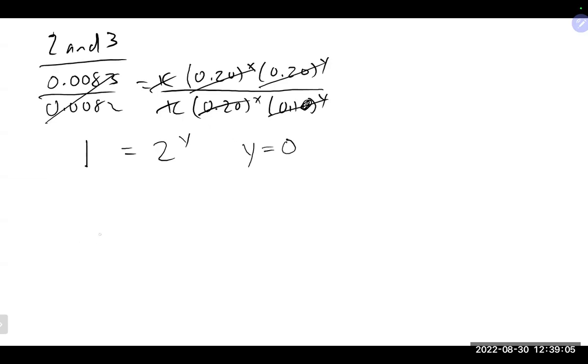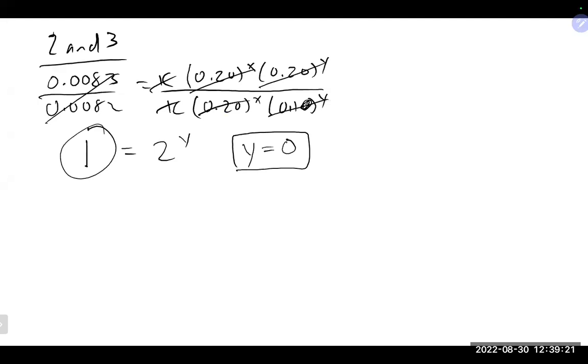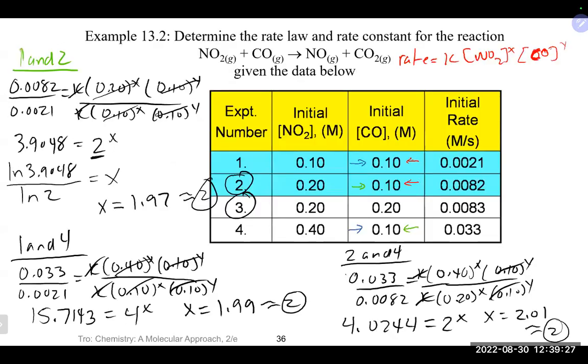Anything that is 0 order would equal 1, basically, right? You could also get that by taking the natural log of 1, which should give you 0, divided by the natural log of 2, which should still give you 0. So in this case, the order with respect to CO is 0 order. So the completed rate law in this case would be the rate is equal to K times the concentration of NO2.